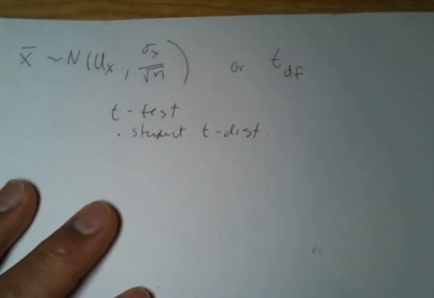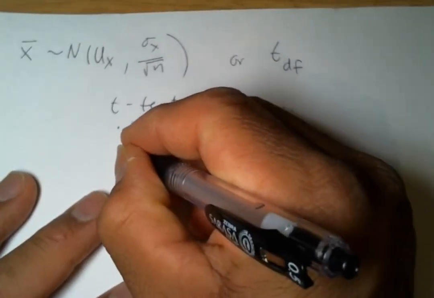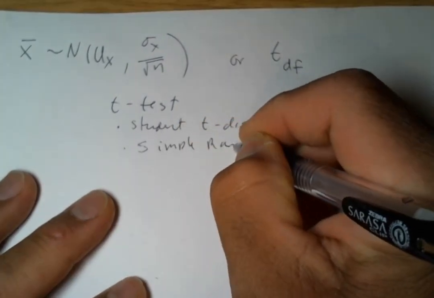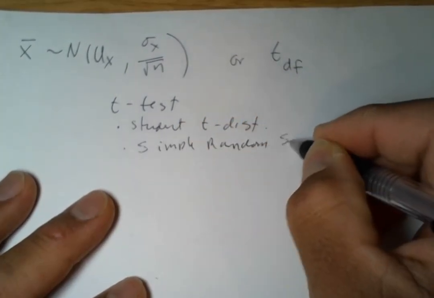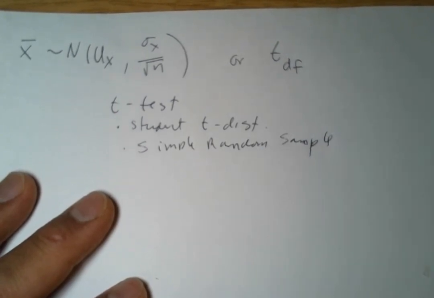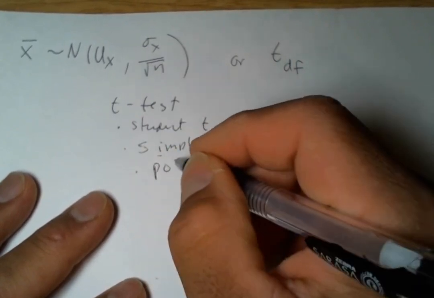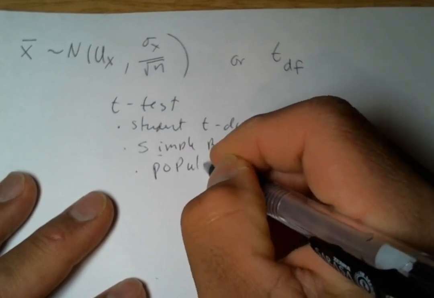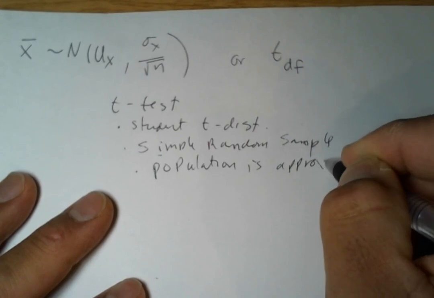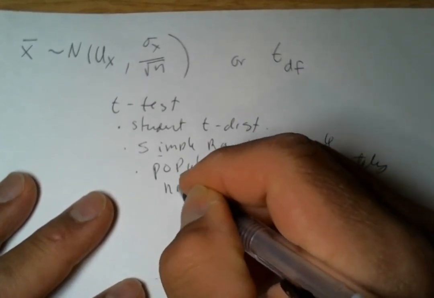Right? And again, a couple conditions need to be met. Those conditions being that we have a simple random sample, and the population is approximately normally distributed.